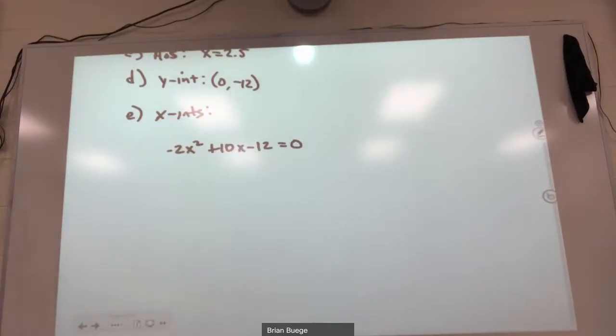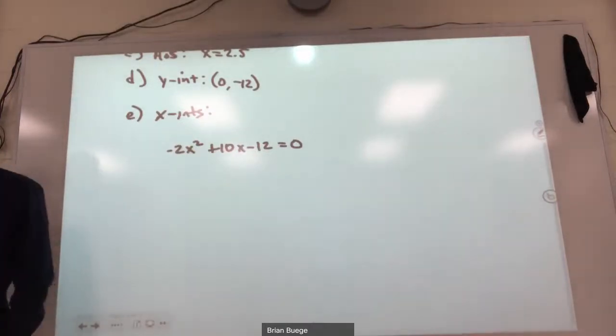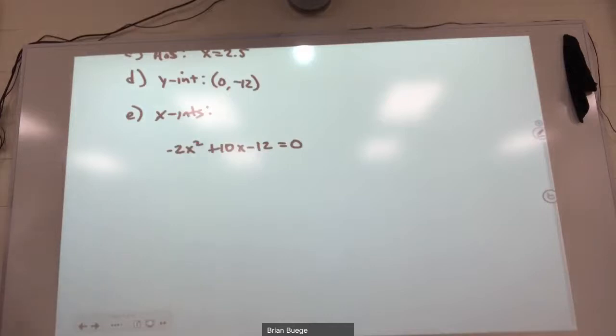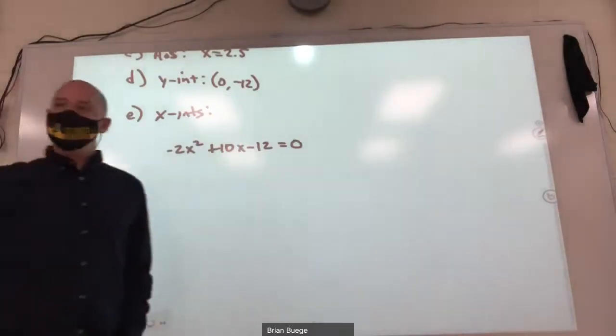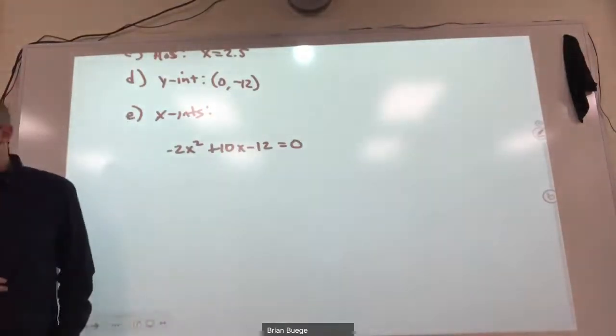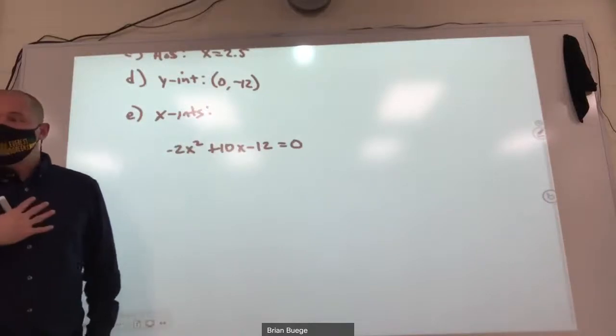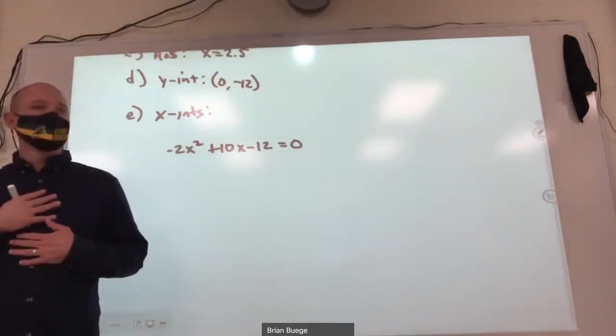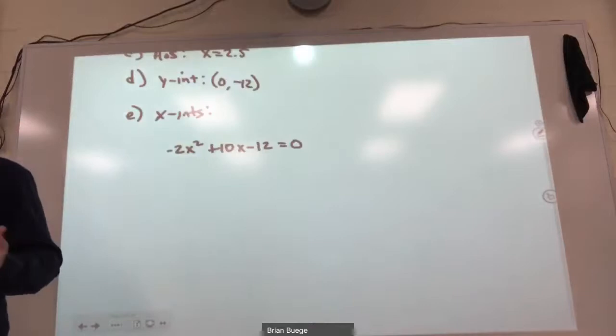And now we either factor or use the quadratic formula. Now this is where I'm going to add something in. Because remember, you can't always factor. You can always do the quadratic formula, but the quadratic formula is kind of long and there's a lot of places where you can make mistakes. So my opinion always is if I can factor, I usually do it, okay? If you want to always do the quadratic formula, you can.